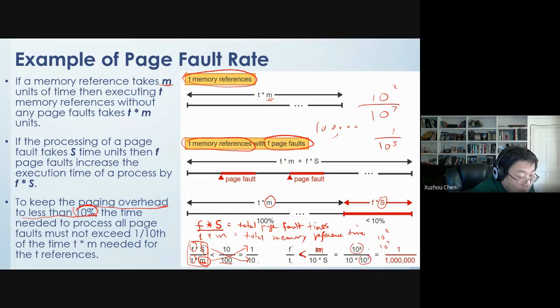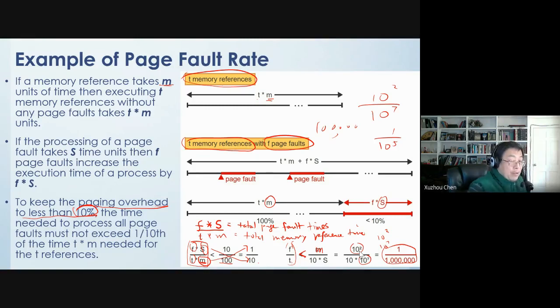So that means if you want to make sure the total page fault overhead is less than 10%, then the page fault rate, which is F divided by T, the number of page faults over the number of page references, should be 1 over 1 million.